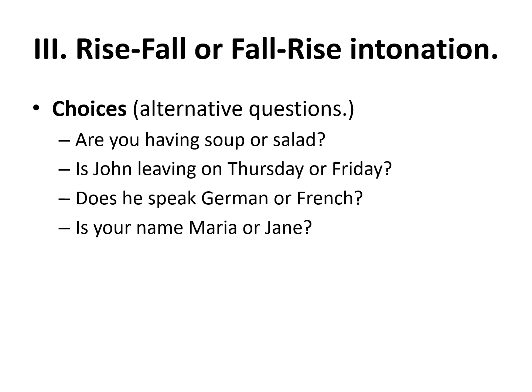Are you having soup or salad? I hope you get the things. So far, in each and every sentence that we discussed, there was only one intonation, either fall or rise. Now we have two within the same sentence.